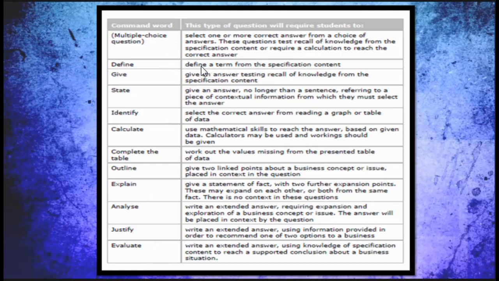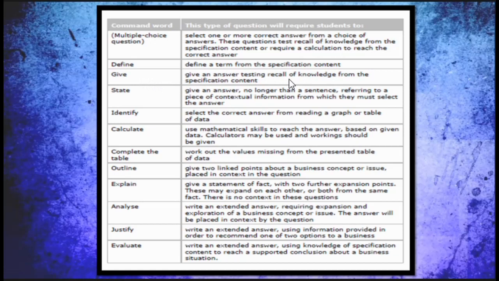Here you can see if you are asked a question, define marketing, then it would be defining a term from the specification content. That means you have to define marketing from the specification content. If the command word is give, give an answer testing recall of knowledge from the specification content.